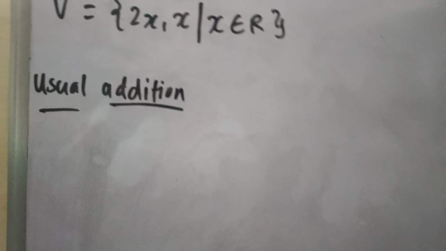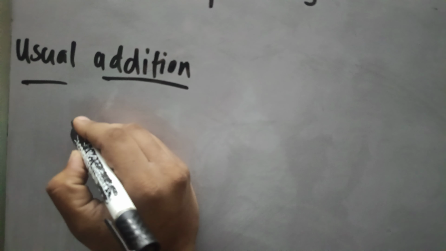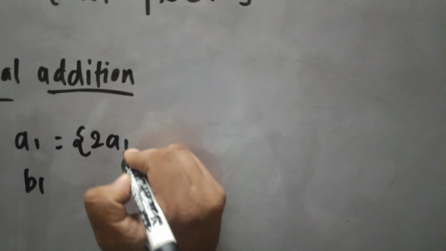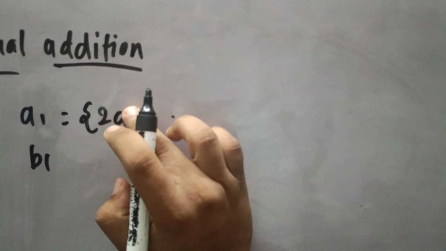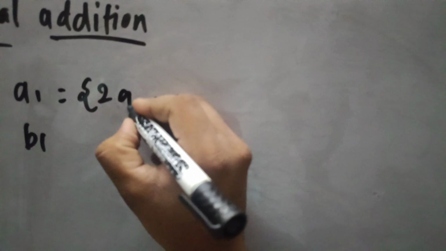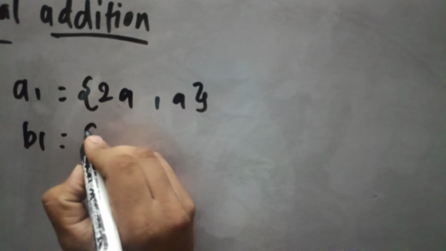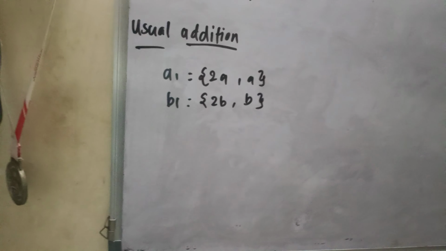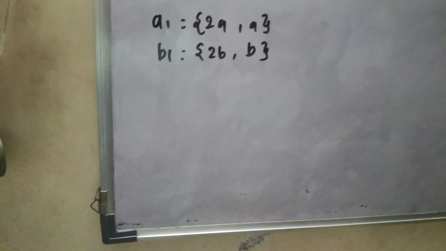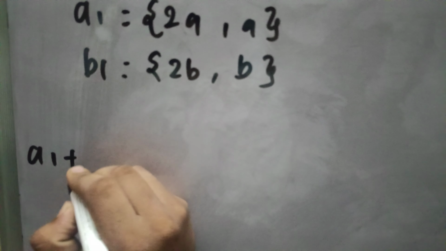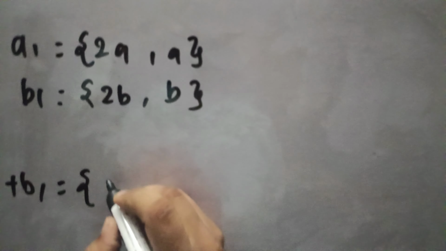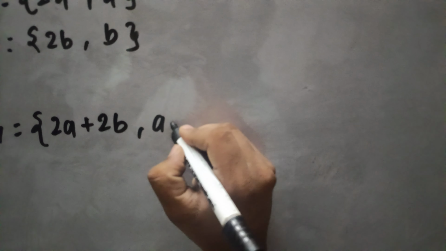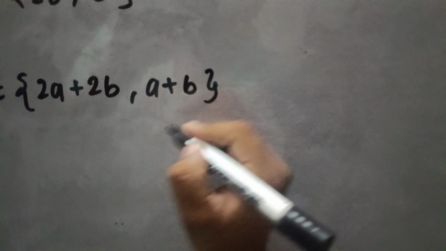Now let's take two elements, namely a1 and b1, with the values 2a, a and 2b, b respectively. Now let's see what will happen if we just add these values. Upon adding a1 and b1, we will get 2a plus 2b, and here we will get a plus b.